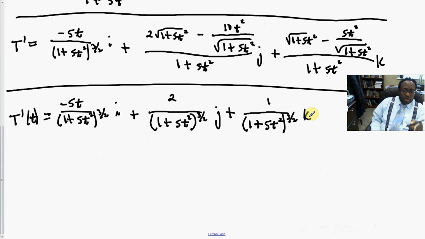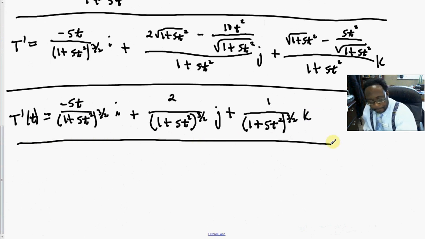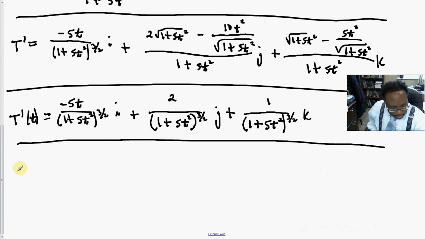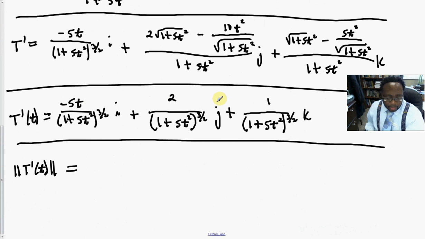So for the curvature, we need the norm of T prime. So the norm of T prime of t is equal to, just take all the numerators, we're going to square them, add them up, take the square root of that, divide it by the common denominator, which was squared, then you took the square root of that, which just leaves itself.